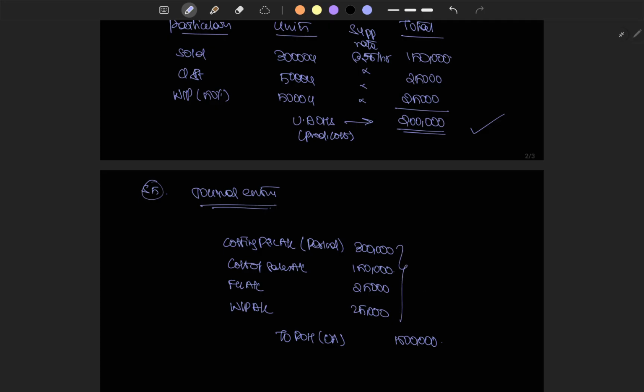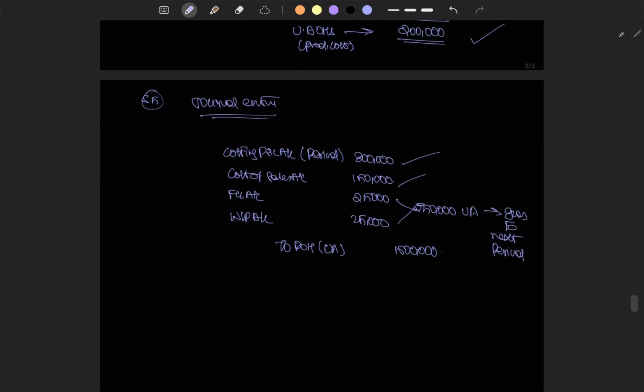All this actually totals to 5 lakh, and 50,000 rupees of under absorbed value goes to the next period. This 3 lakh and 1 lakh 50,000 are recorded in the same year books, but this 50,000 goes to the next period, and that's the sum.